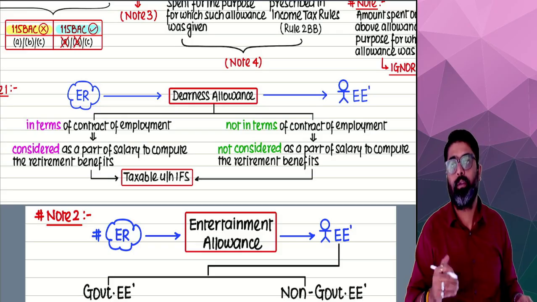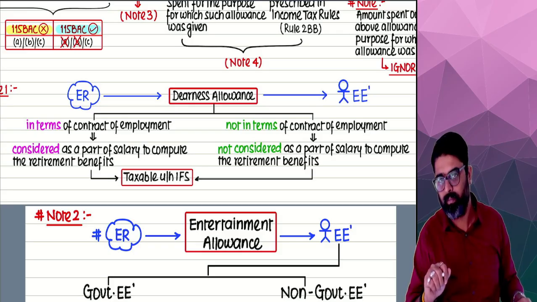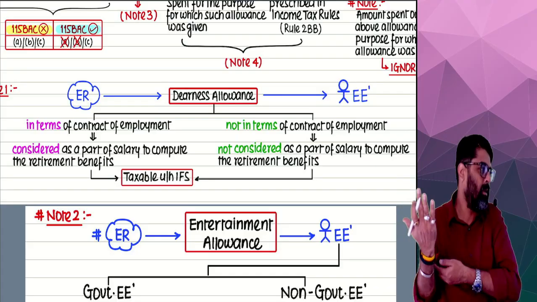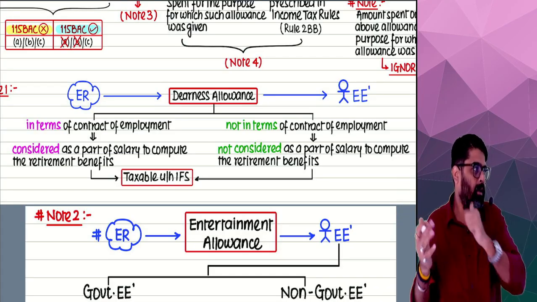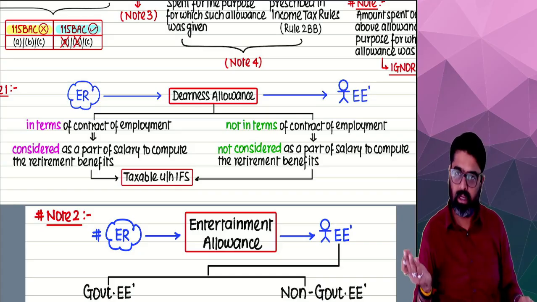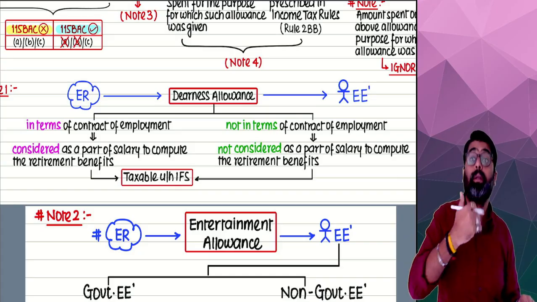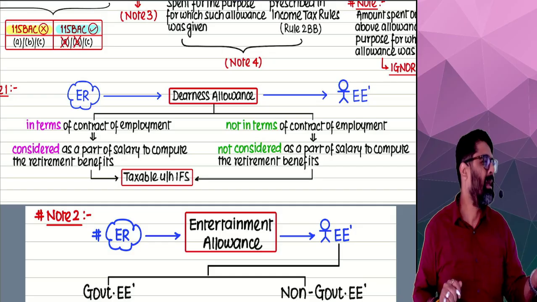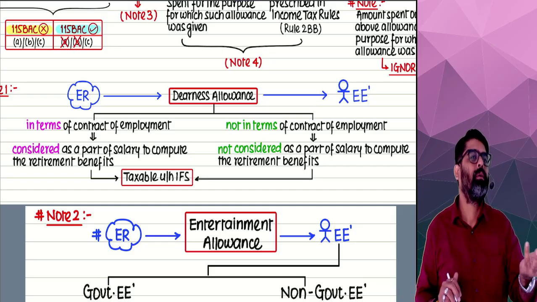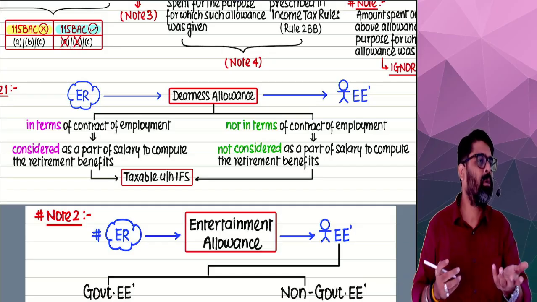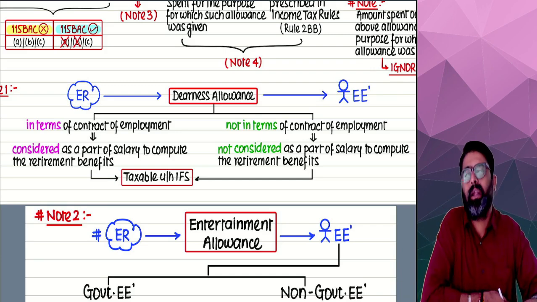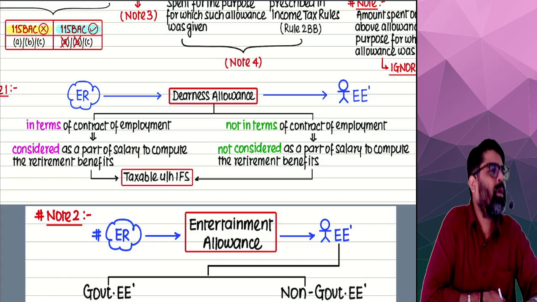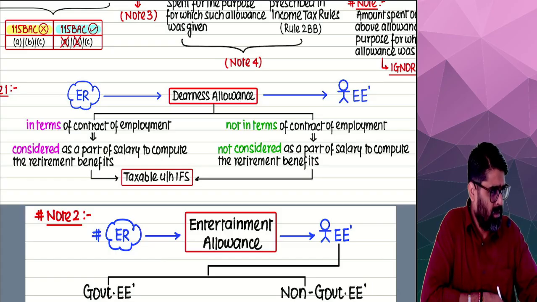Sometimes the DA will be given, but you checked your employment contract and there was no DA written. But still your employer gives you DA. Might happen, no? While making the employment contract, it was not fixed that you are going to get DA. But later on, you negotiated with your employer, or your employer felt that he should give DA also.